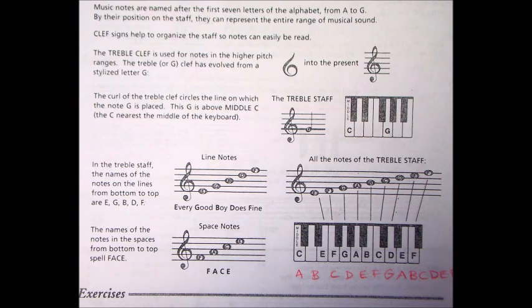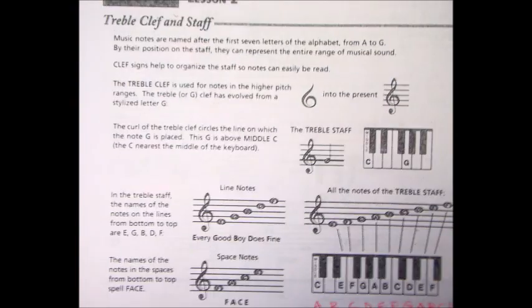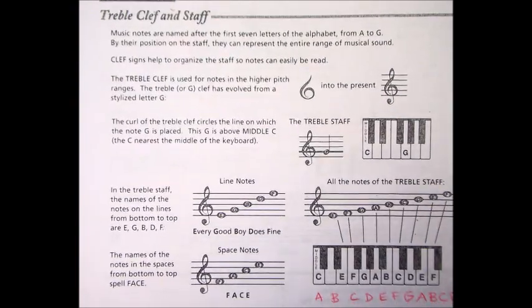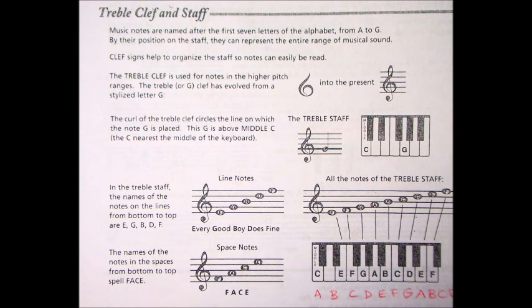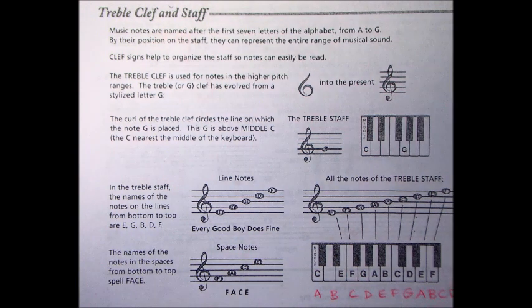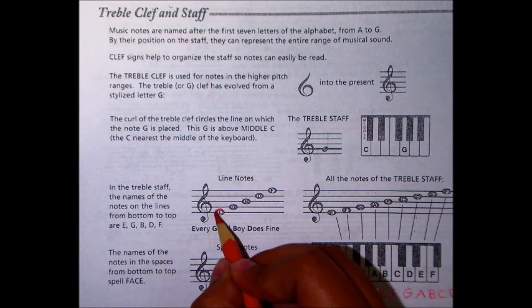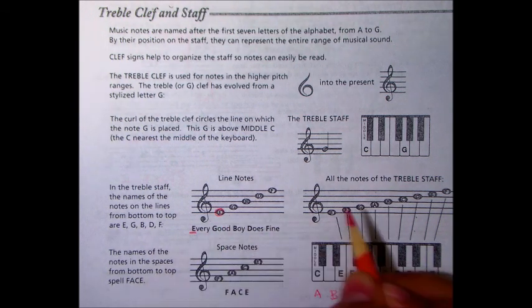Okay, so there are sayings to help you memorize the order of those letters for the treble clef. We look at line notes first, and the saying to help you memorize the order of that is every good boy does fine. So line number 1 is E for every.